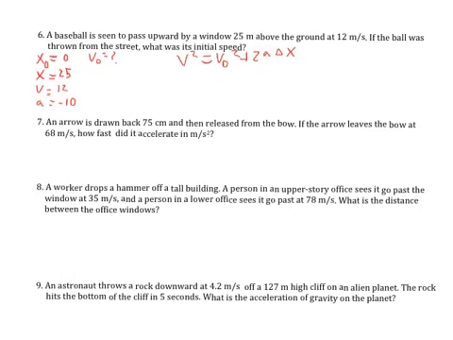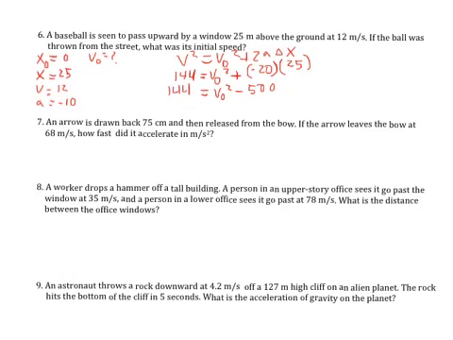Now v squared is 12, and 12 squared is 144, equals v naught squared plus 2 times negative 10, which is negative 20, and the change is positive 25 meters. So when I multiply negative 20 times 25, that gives me 144 equals v naught squared minus 500.